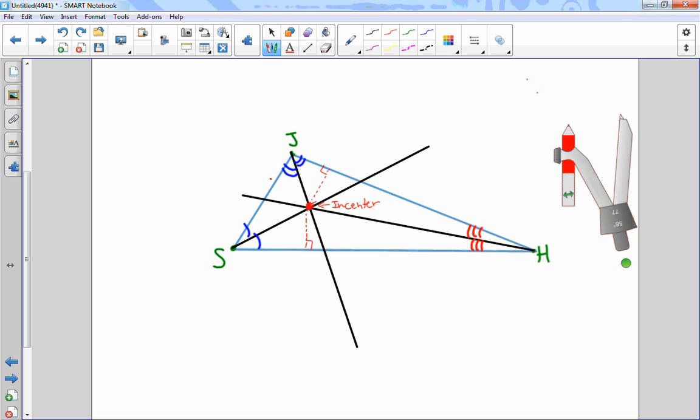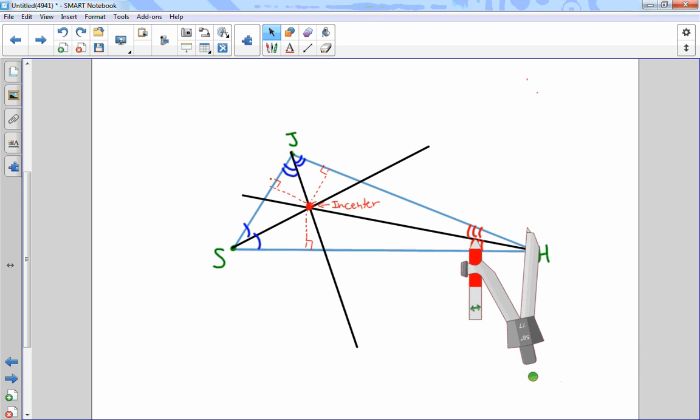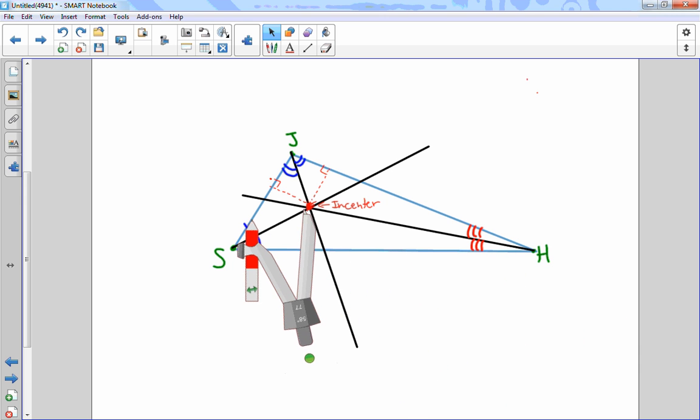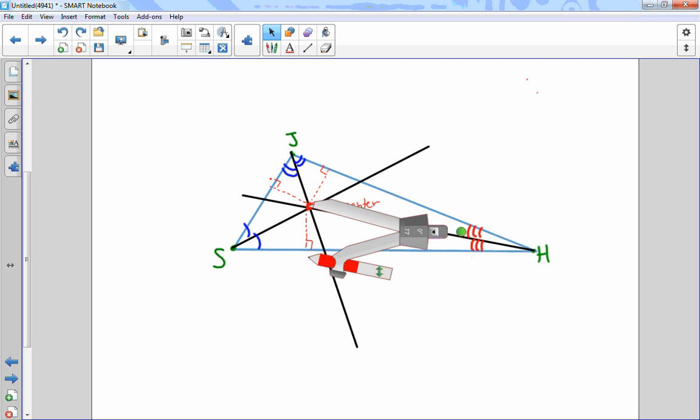And this one, altitude, now if you put your compass with that anchor point on the in-center, and you spread it out so that it actually goes right to the perpendicular intersection of the altitude there.